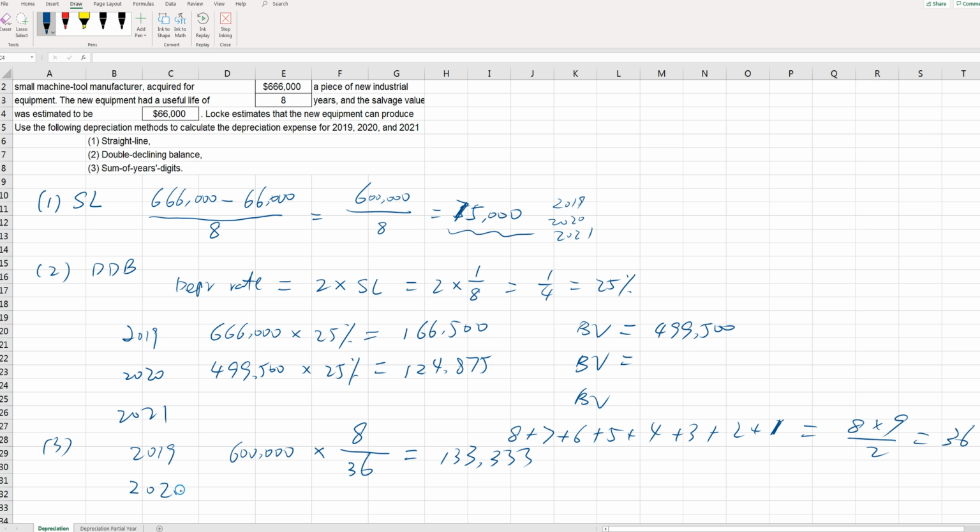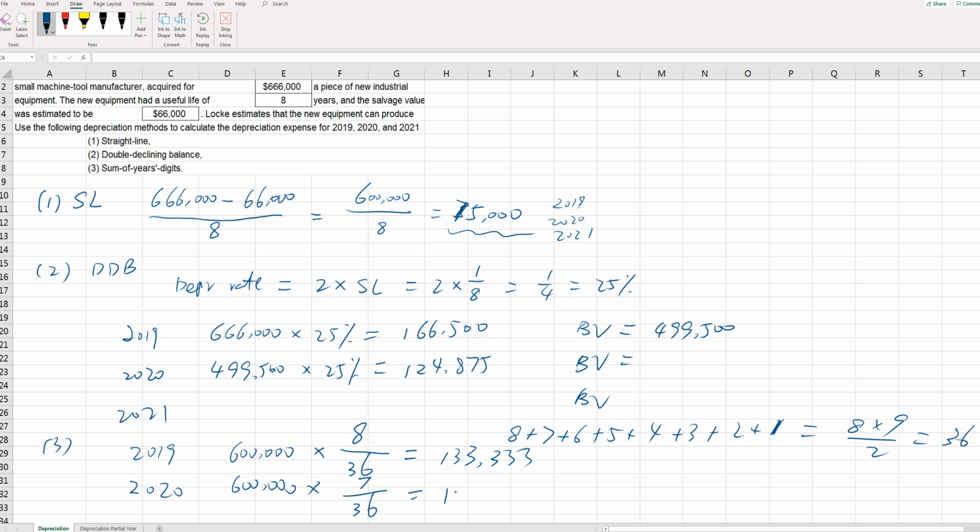In 2020, the second year, we have 7 years remaining at the beginning of the year, but the denominator will be the same, the sum of the year digits.